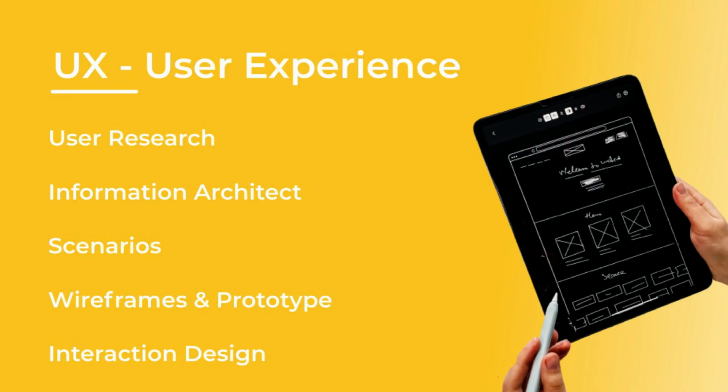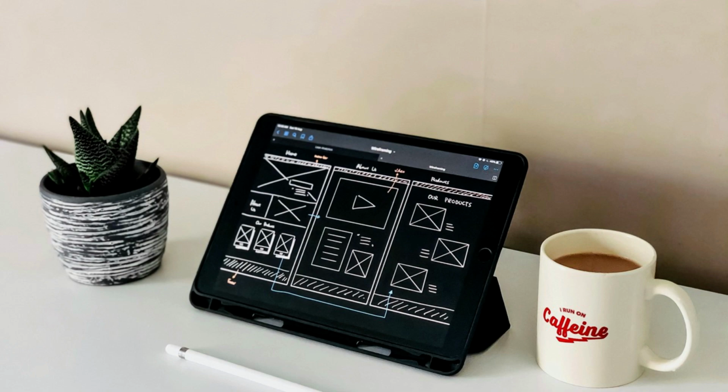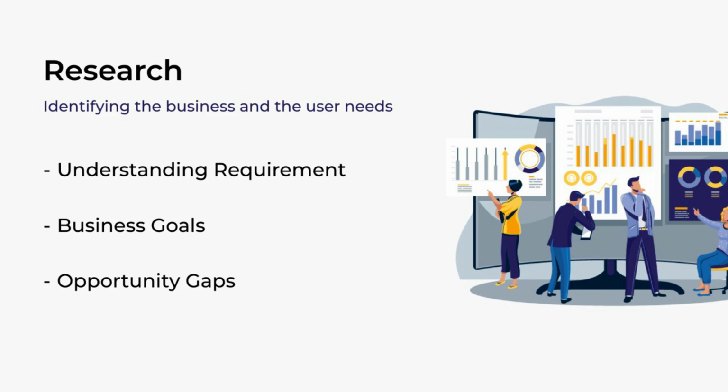So now let's see what is the UX process. The UX or user experience design process is an iterative and very useful method which helps us to improve and polish designs. Remember, the UX process is always an iterative process.